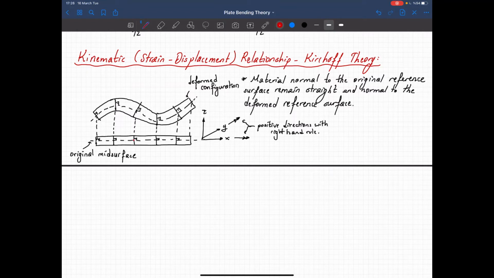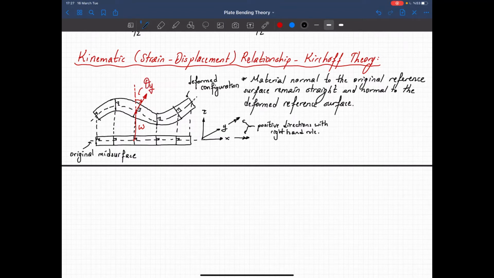So it was here before and it moved in the upward direction by W amount. So originally this is the axis of the material, but it rotated as follows. So that's the angle of rotation, and this is our theta y.